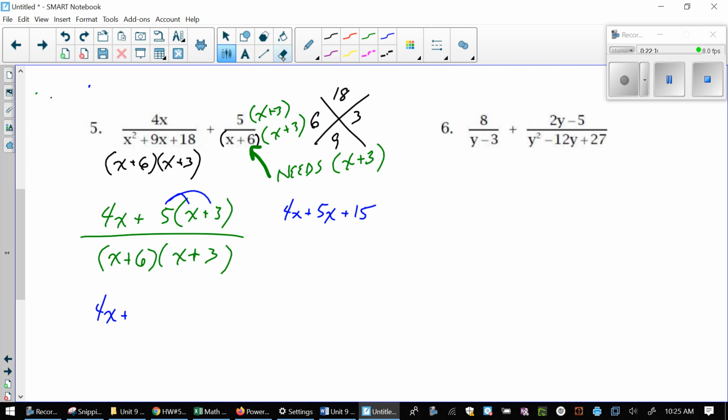And then our denominator stays the same. So that's going to get our final answer when we simplify: 4x plus 5x is 9x plus 15 in our numerator. And our denominator is x plus 6, x plus 3. Boom. We're done.